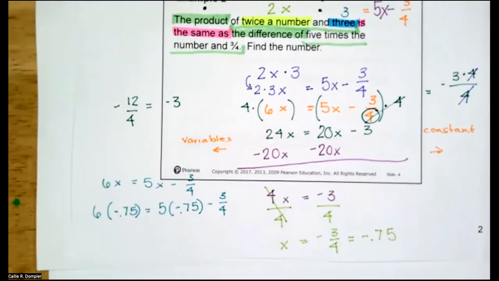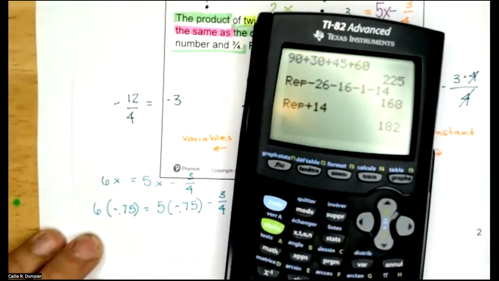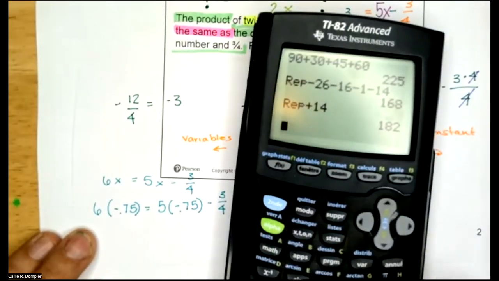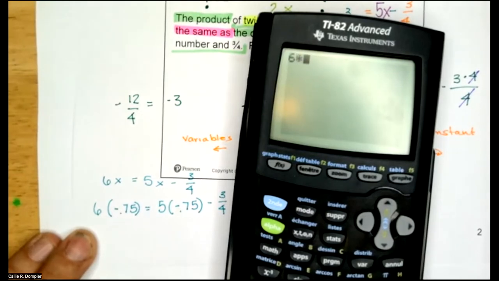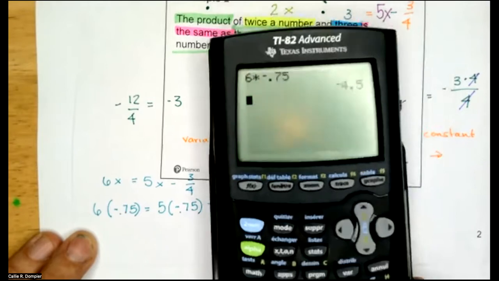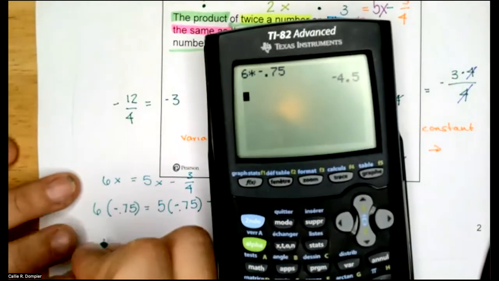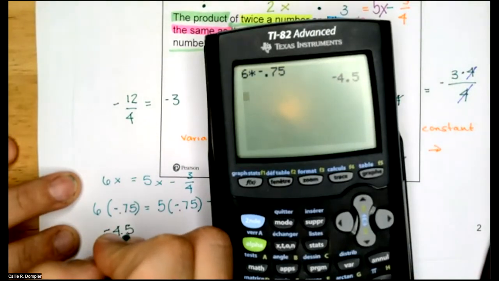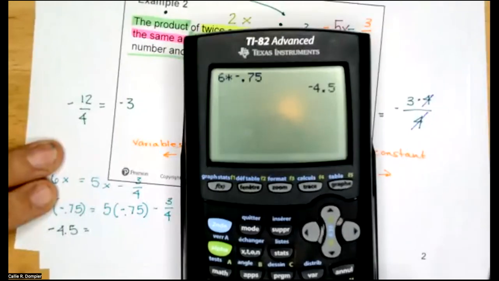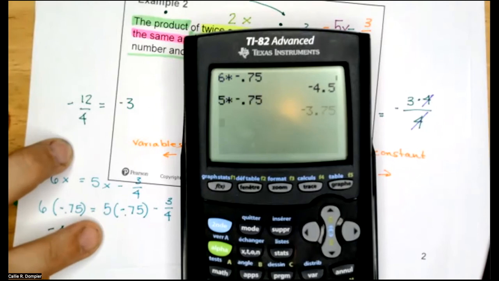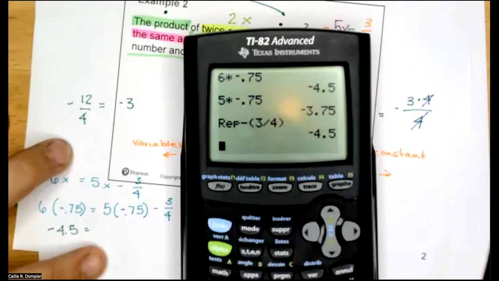And put that into your calculator. 6 times -0.75 is -4.5. 5 times -0.75 minus 3 divided by 4. You get the same answer.